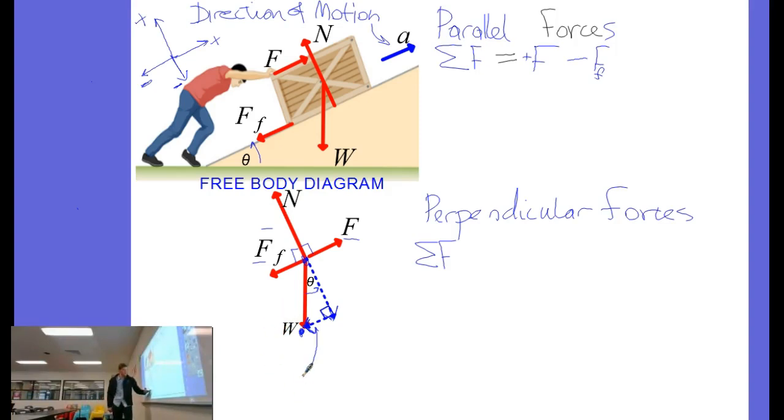Okay, so this part here will be the hypotenuse. How big is the hypotenuse? W. Hypotenuse multiplied by the sine of the angle of incline theta.